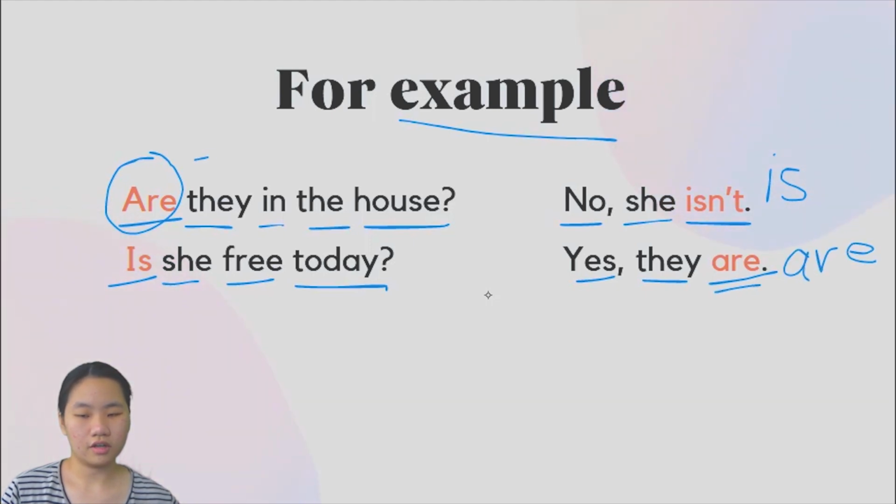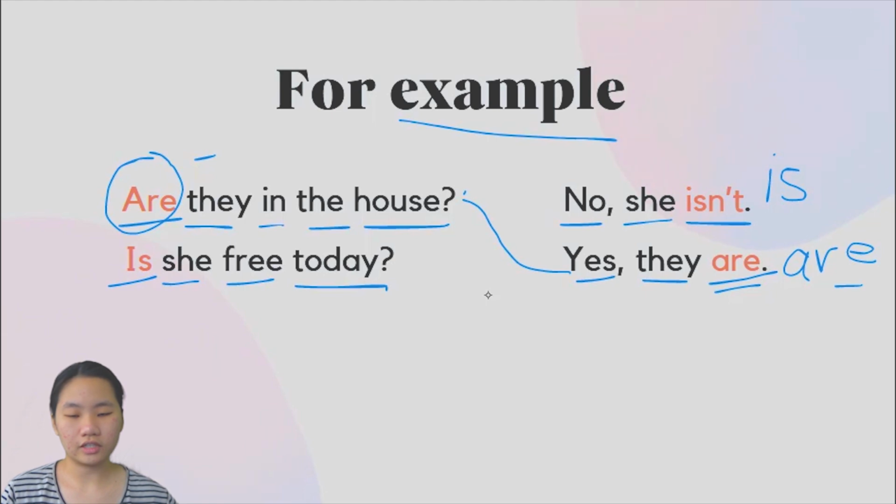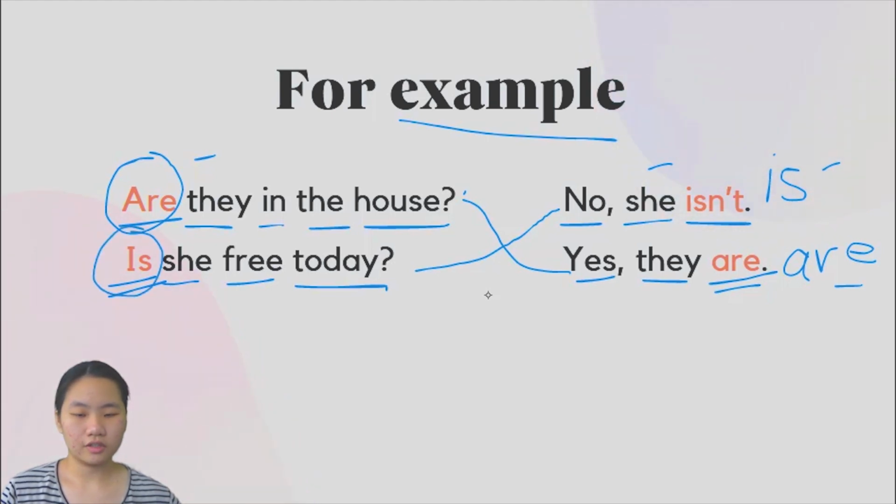So, are. The first question is matched with the second answer. Here we have is. And the second answer is matched with the first sentence. Alright? So make sure to pay attention to the be words.